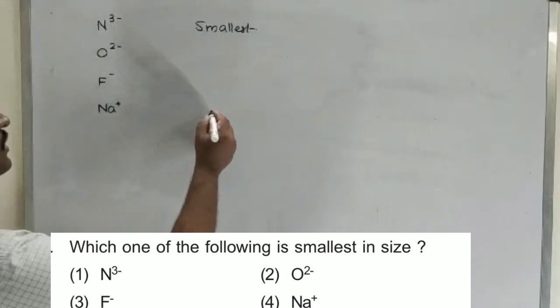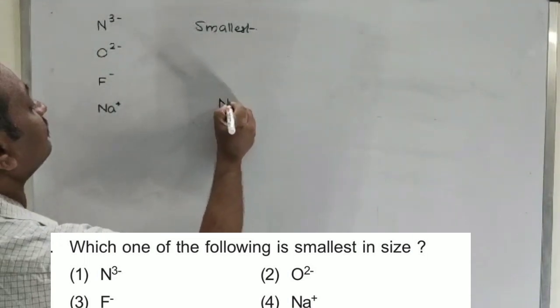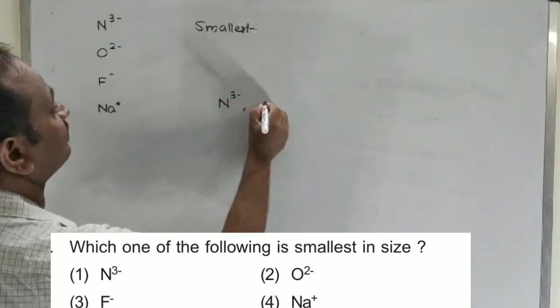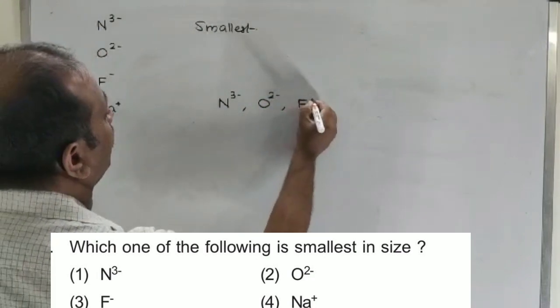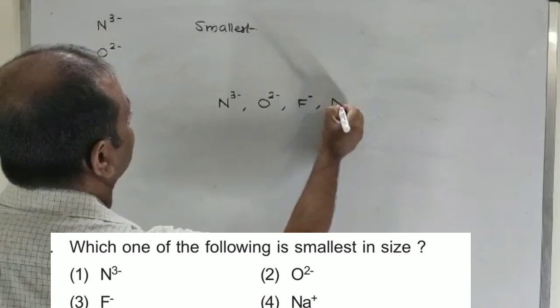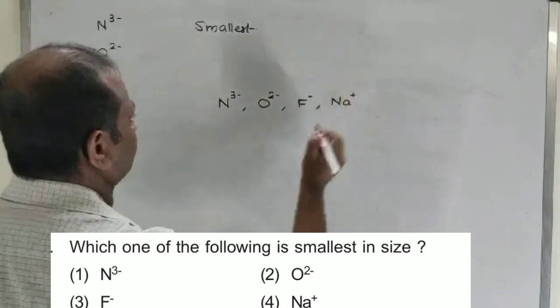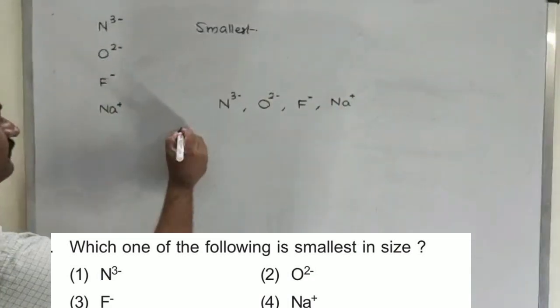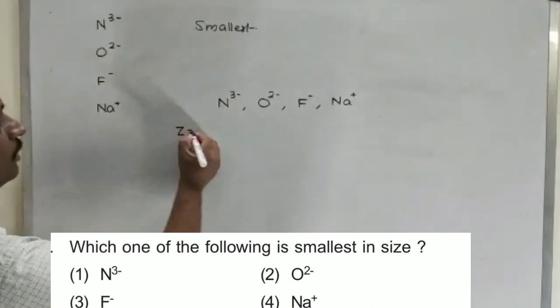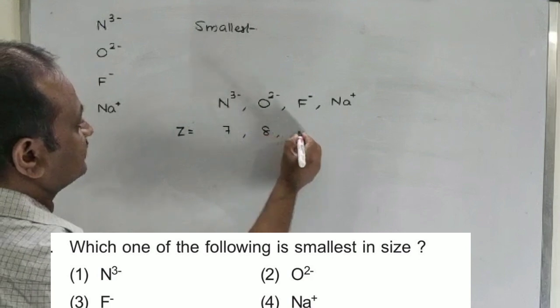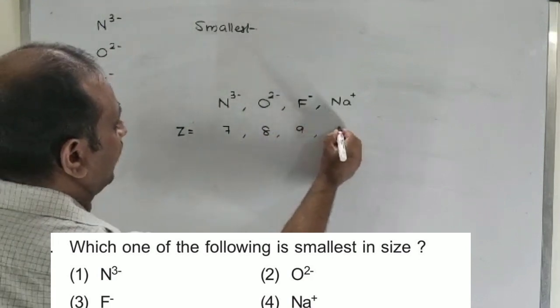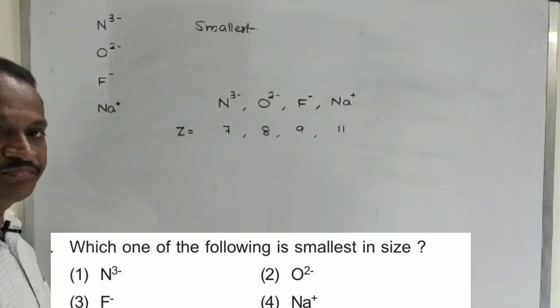First of all, you have N3 minus. Next, we have O2 minus. Next, we have F minus. And last, we have Na plus. You know what their atomic numbers are? Atomic number for nitrogen is 7, for oxygen 8, for fluorine 9, and for sodium it's 11.